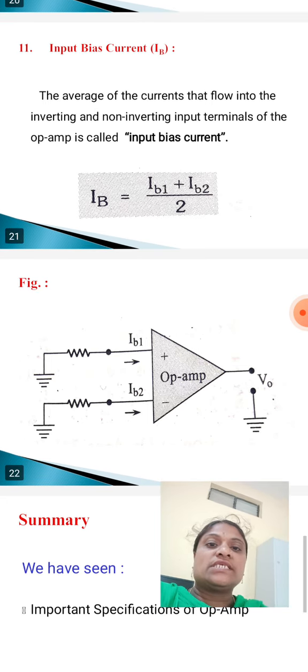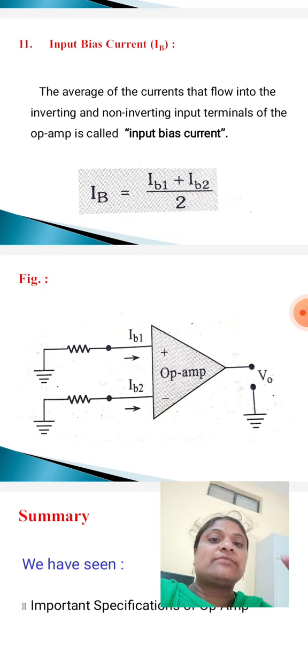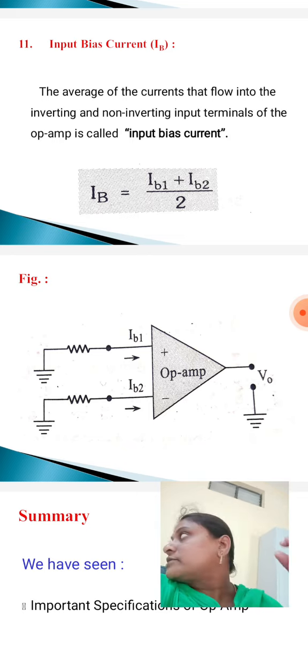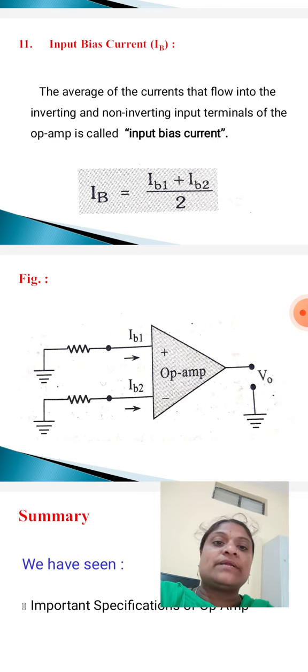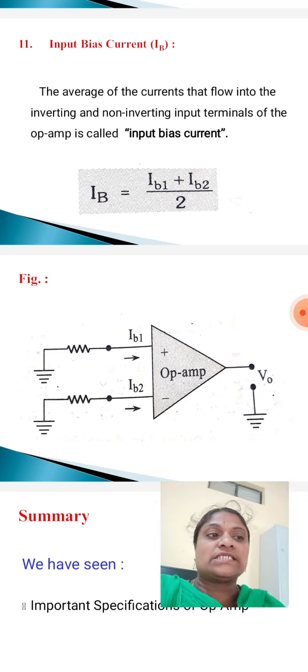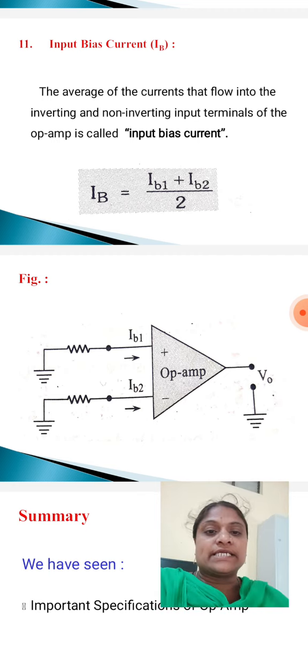Mathematically it can be expressed as IB is equal to IB1 plus IB2 by 2. So this is the input bias current. Okay, so the important specifications of the IC741 operational amplifier are completed.